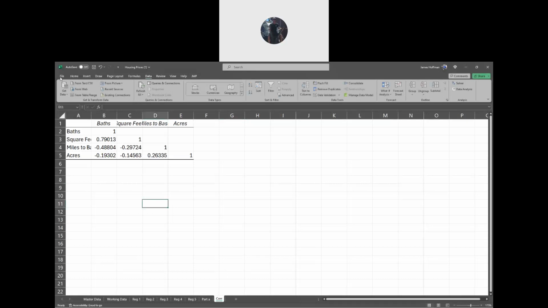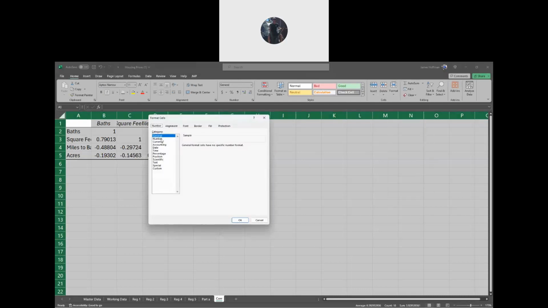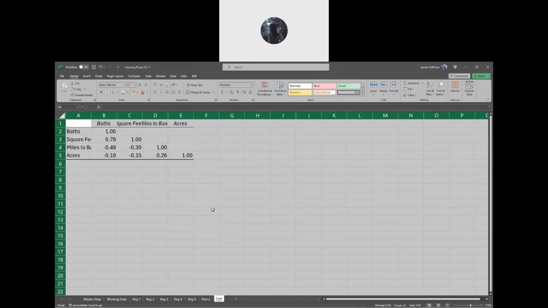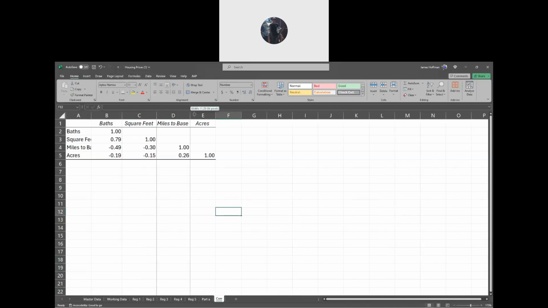If I just do the labels again, Home tab, Format Cells, Number, 2 decimals and a comma. So this is BAS, this is square feet, this is miles to base, this is acres.